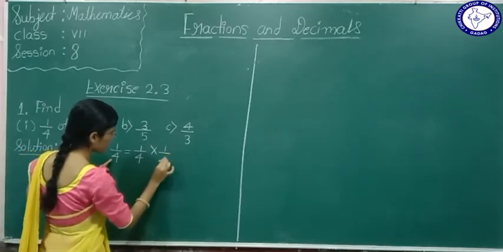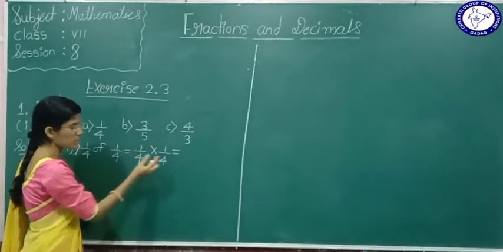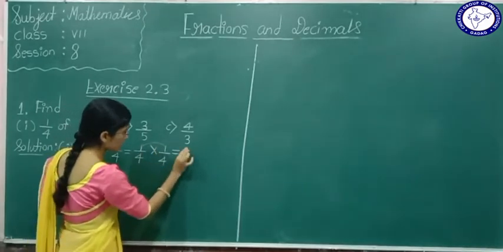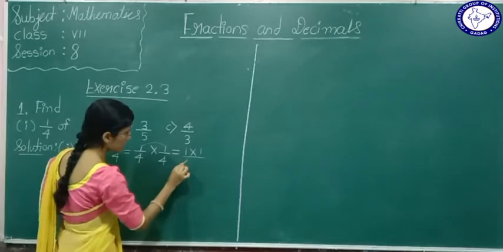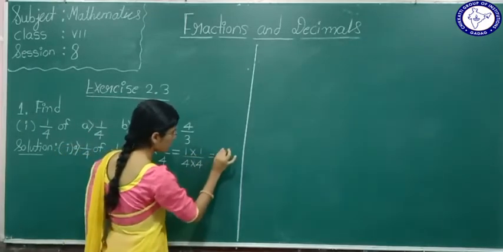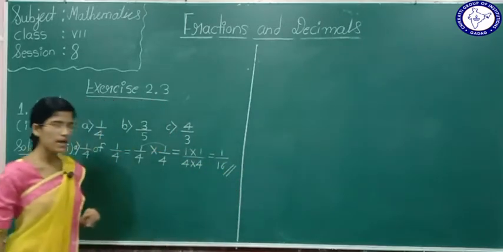You know how to multiply a fraction with a fraction. We do the product of the numerators, that is 1 multiplied by 1, divided by the product of the denominators, that is 4 multiplied by 4. 1 ones are 1, 4 fours are 16. The answer is 1 by 16.